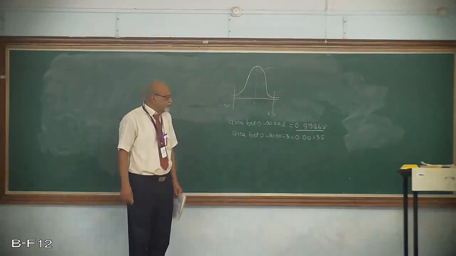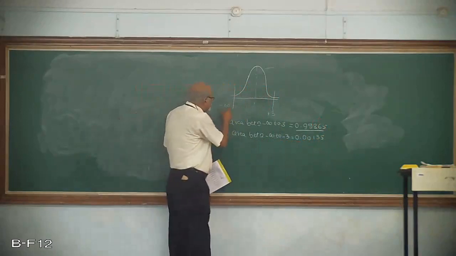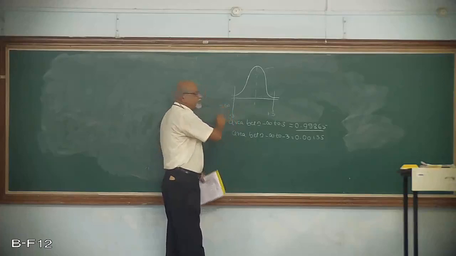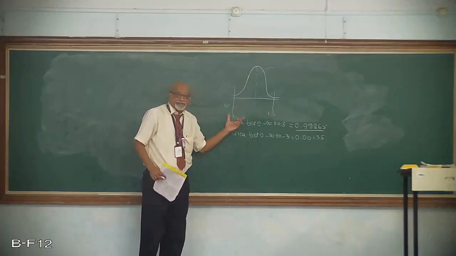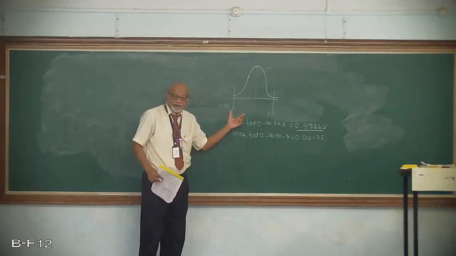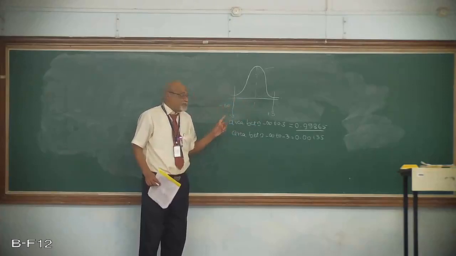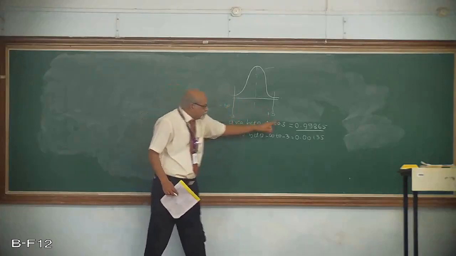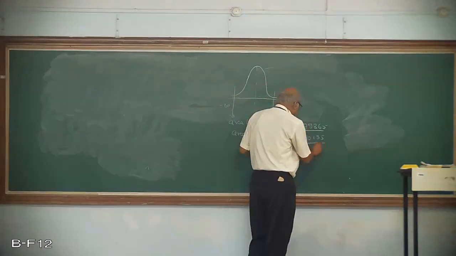Can you get this? This area goes from here to here, that is minus 3. What we are interested in is the total area between Z equal to minus 3 and Z equal to plus 3. If I want to find the total area, it is this one minus this.